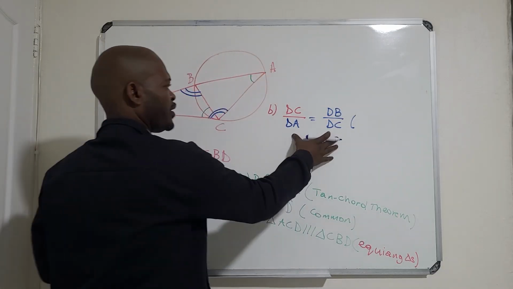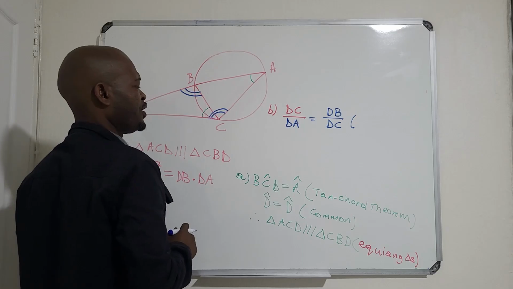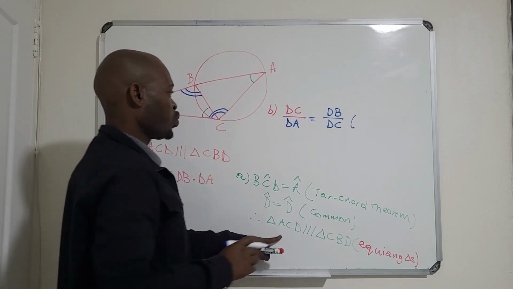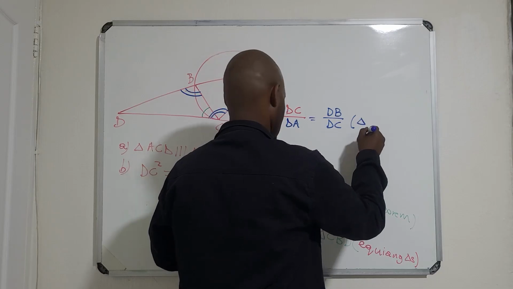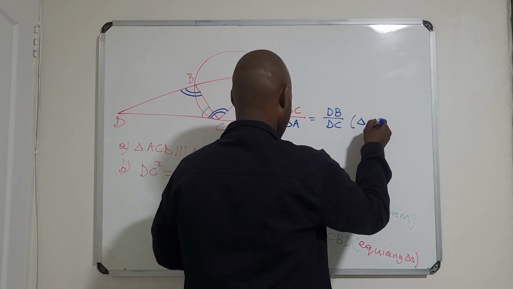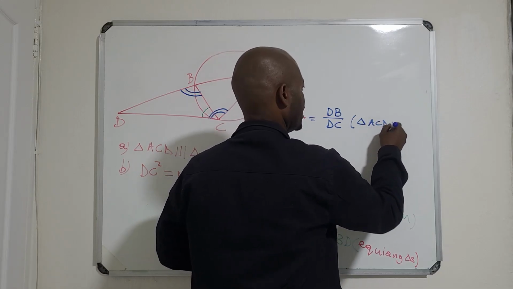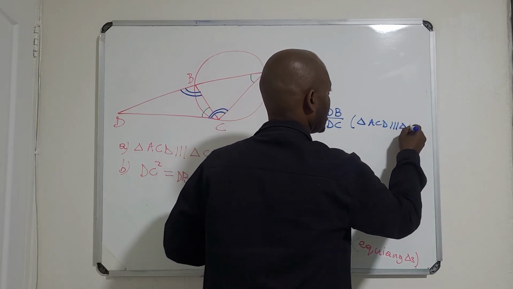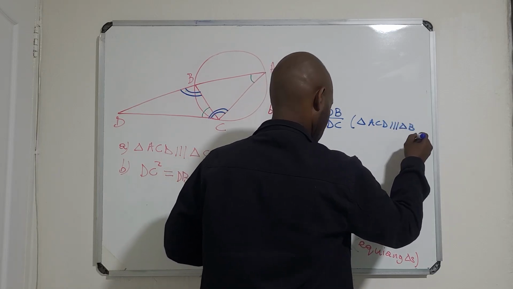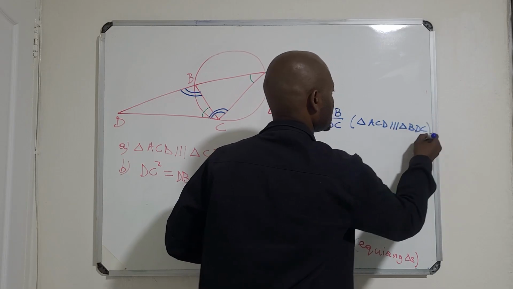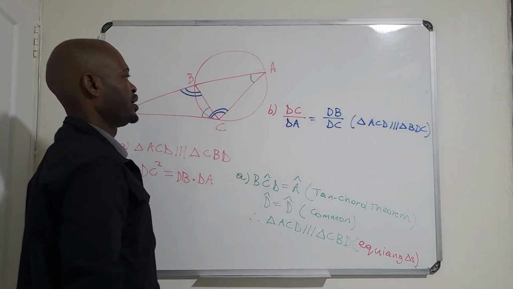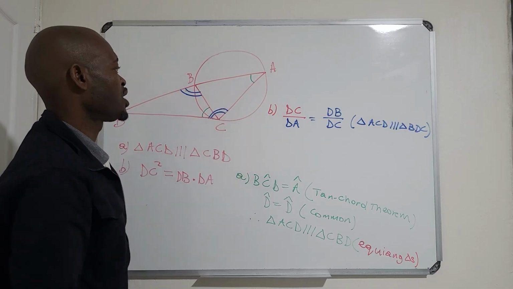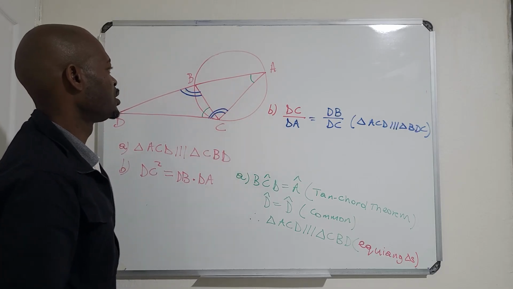Why are we saying that? Why are we setting up the sides to be in the same proportion? It is because we know that triangle ACD is similar to triangle BDC. That's why, if the two triangles are similar, then we know the sides are in the same proportion.